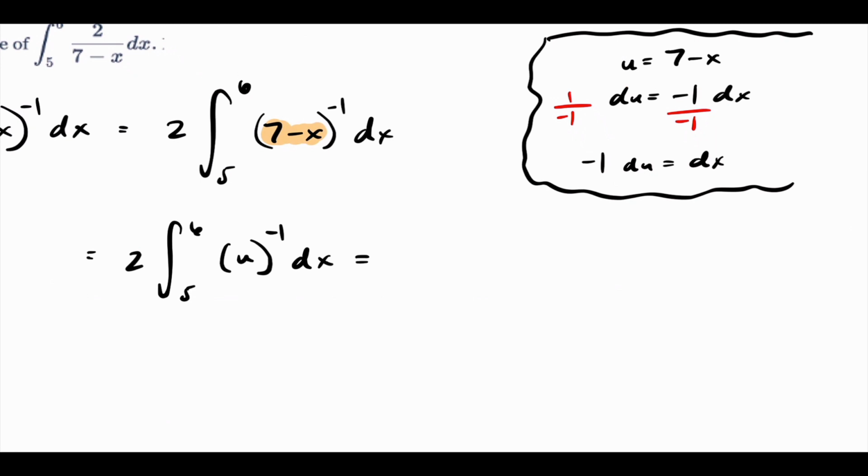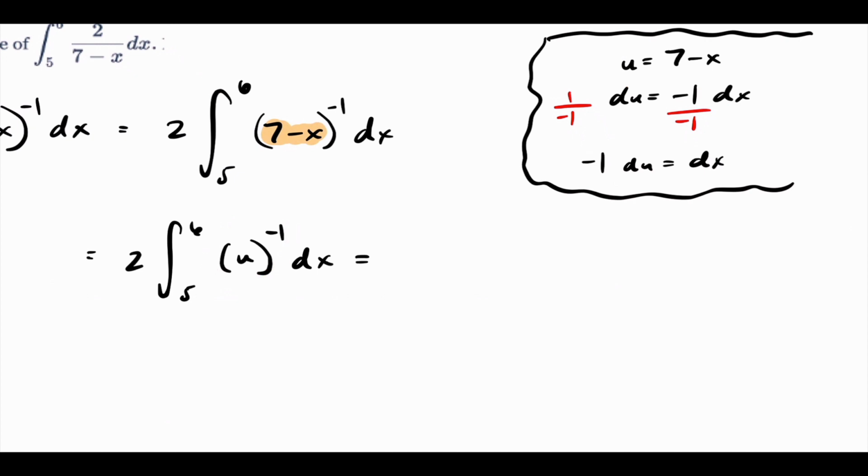How do I do the antiderivative for this guy here? I add a power, so I get 0, and then divide by that new power, 0. We've run into this at least twice before. I can't use the power rule. I can't add a power and divide by a power because I can't divide by 0.